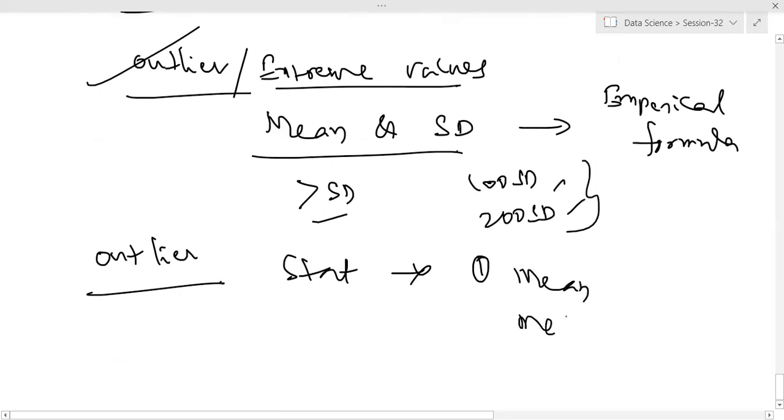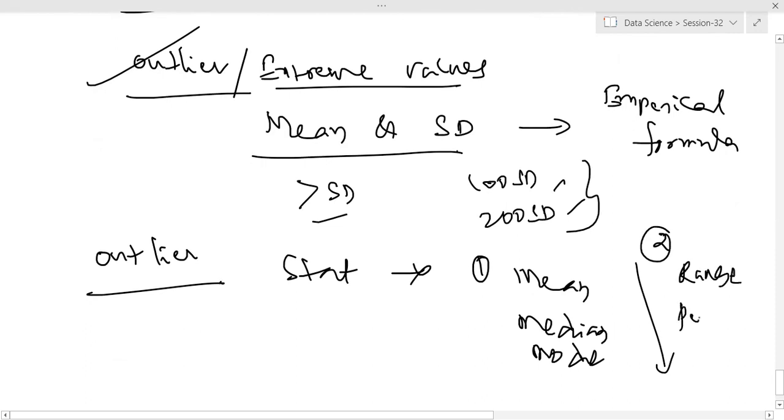About your mean, median, and mode. The second one discusses range, dispersion, percentile, variance, covariance, correlation. What is the third one, friends? It discusses skewness and kurtosis.